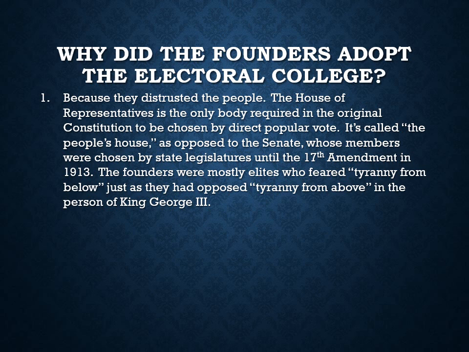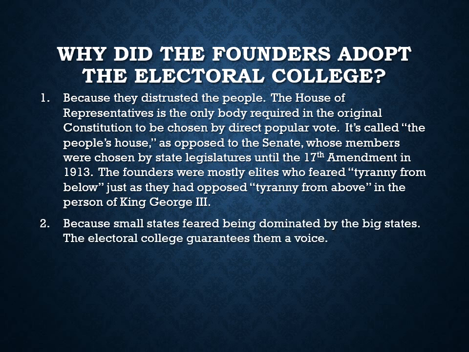So although they wanted to give the people a say, they were very nervous about giving them too much of a say. And the Electoral College puts a layer of insulation between the people and the choice of a president. It also was a bit comforting to the small states because they knew that they would have some voice in the selection of a president, and they wouldn't be just overwhelmed by large populated states dominating the popular vote.